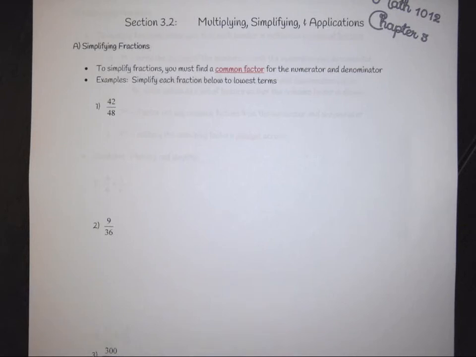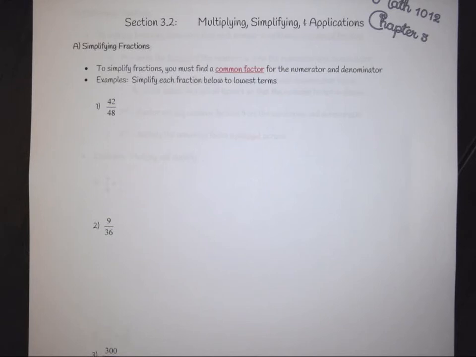So the first thing we're going to look at is some different examples of simplifying fractions. Simplifying fractions is one of the single most important parts of working with fractions. No matter what you do, no matter what answer you get, you always have to look at that fraction and ask yourself, can I simplify this any further?